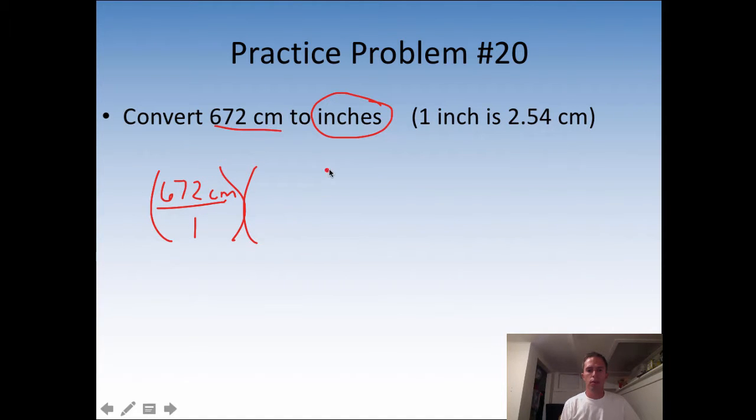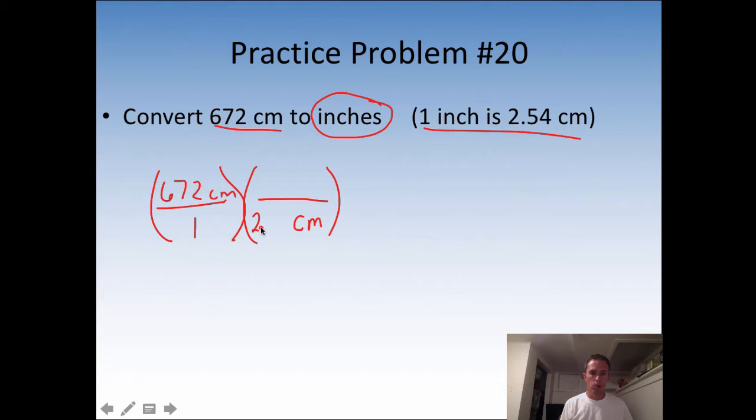Now we're going to have parentheses here on our other conversion factors, so I'm just going to write them. And I can already say that if centimeters is up here, in order to get it canceled out, we need it down here. Now we just need a conversion factor that takes centimeters to inches. And lucky for us, they gave it to us right here. 1 inch is equal to 2.54 centimeters.